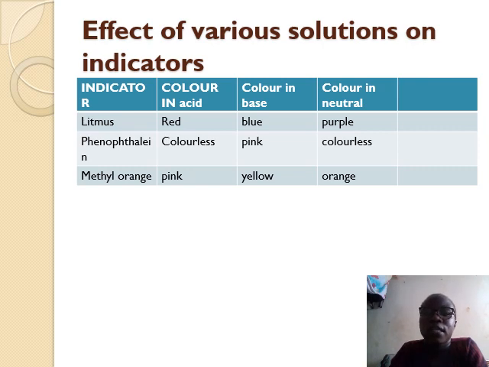Litmus is red in an acid, blue in a base, and purple in a neutral solution. Then phenolphthalein in an acid is colorless, pink in a base, and colorless in a neutral solution. The last one is methyl orange, which is pink in an acid, yellow in a base, and orange in a neutral solution.